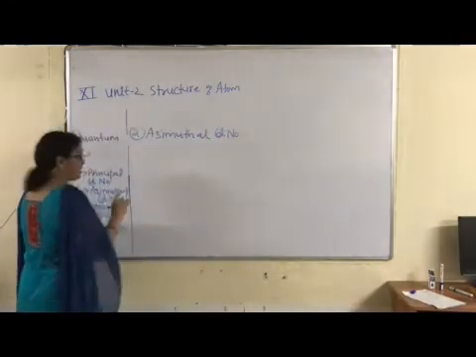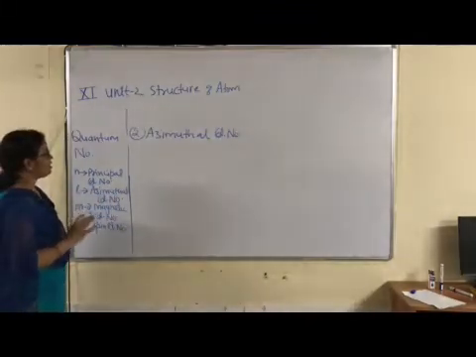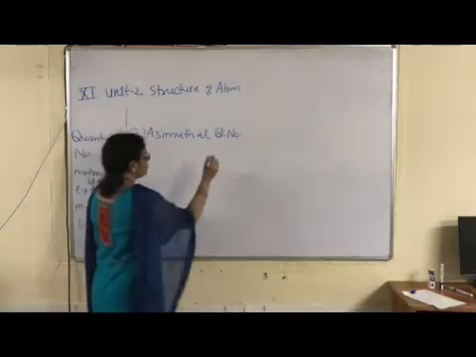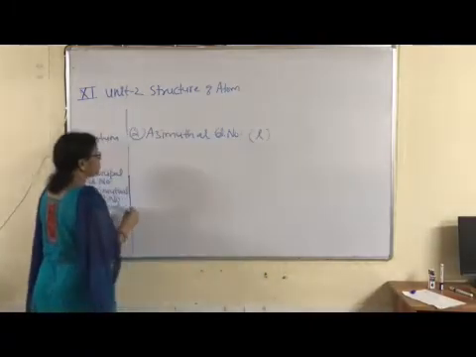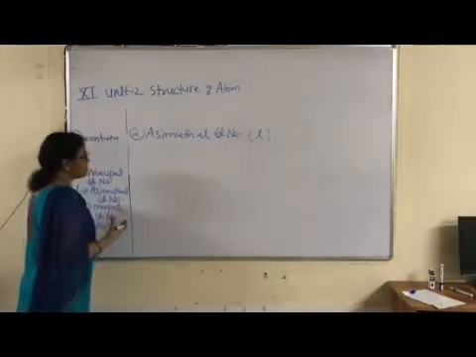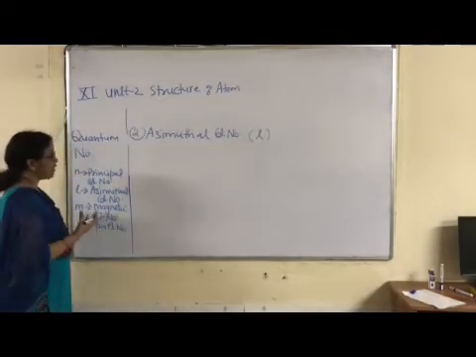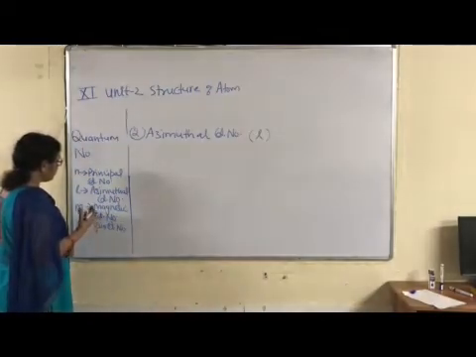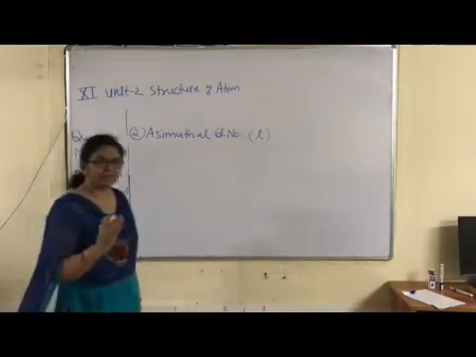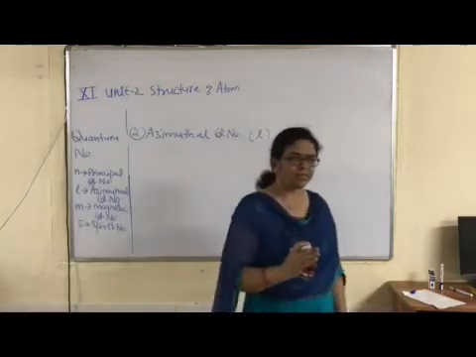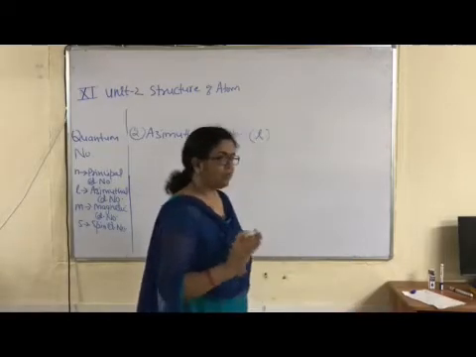The azimuthal quantum number is also known as the angular quantum number or secondary quantum number. The symbol of the azimuthal quantum number is small l. Children, this azimuthal quantum number explains the name of the subshell in a particular energy level where the electron or electrons are present.